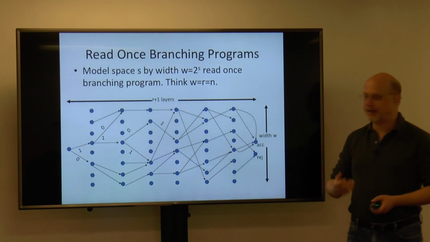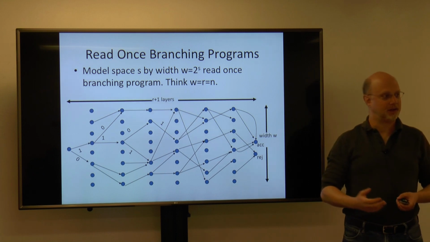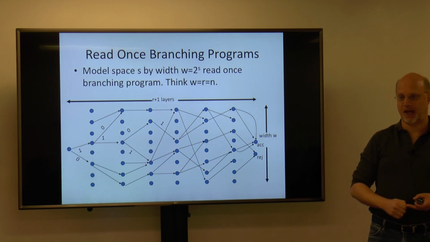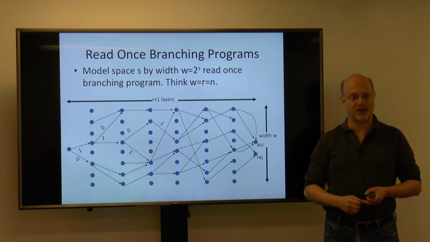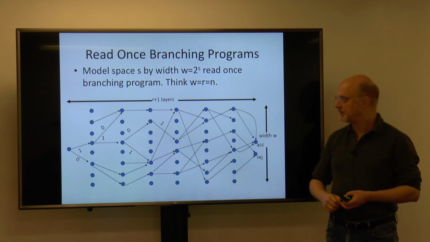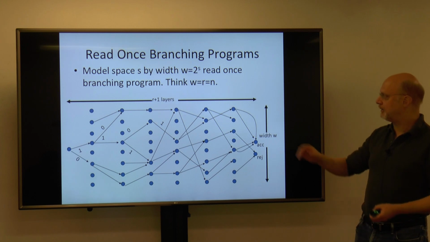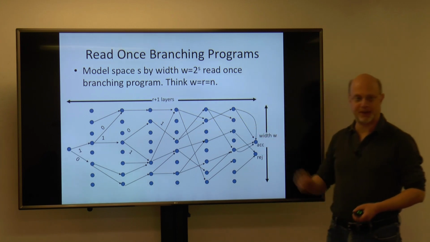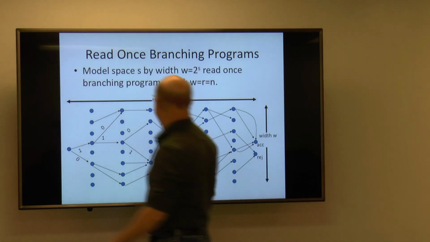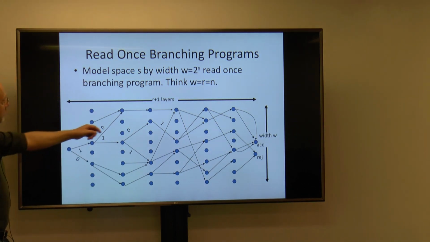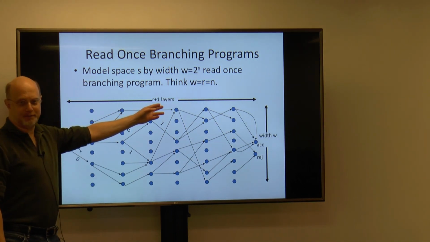We study this by modeling space-bounded computation as read-once branching programs. We fix the actual input, and this is just looking at the random input. In this model, we're using R random bits.